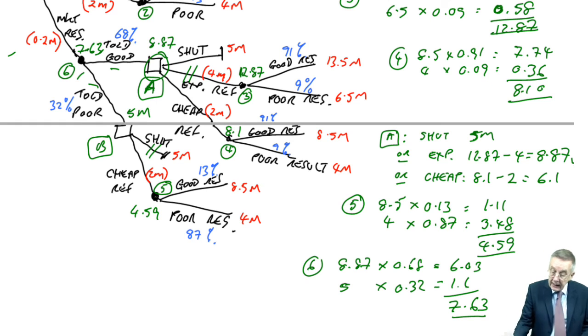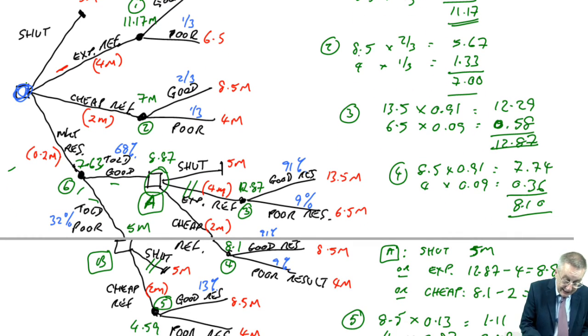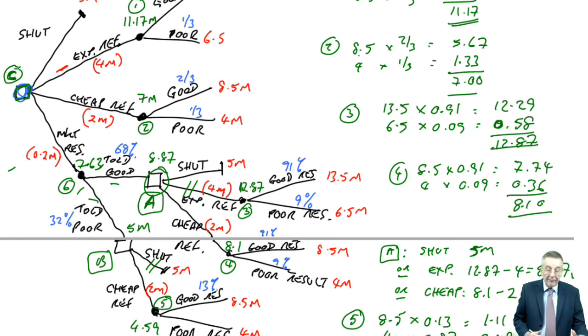Now, finally, we can go back to our first decision. I'll label it C. Now I can decide which of the 4 things to do. Let's list them and make sure.